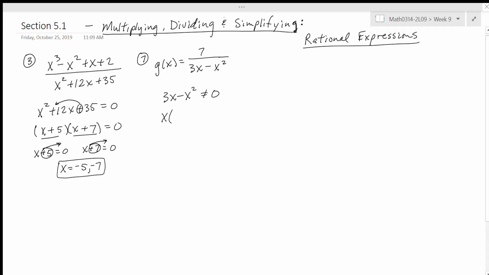And remember, in our factoring checklist that I gave you, factor out has to come first. All right, so if I factor out an x, that's going to leave me 3 minus x. And now I can set each factor equal to 0.